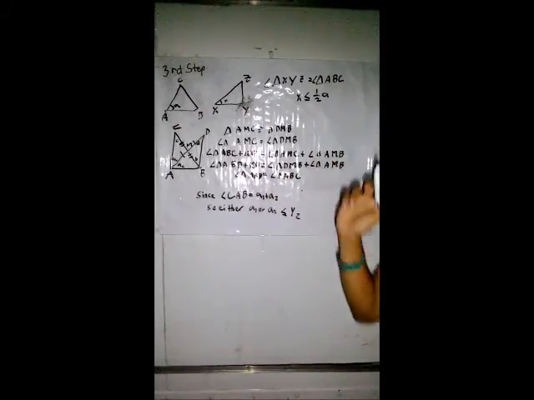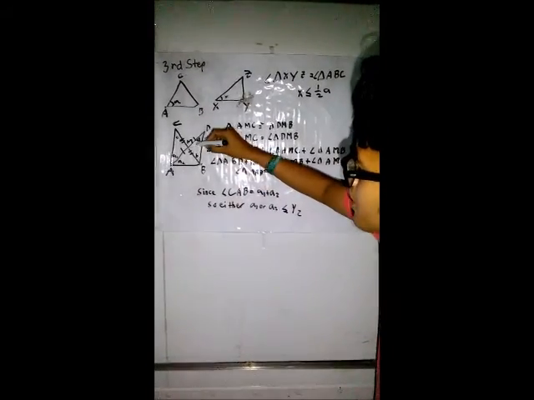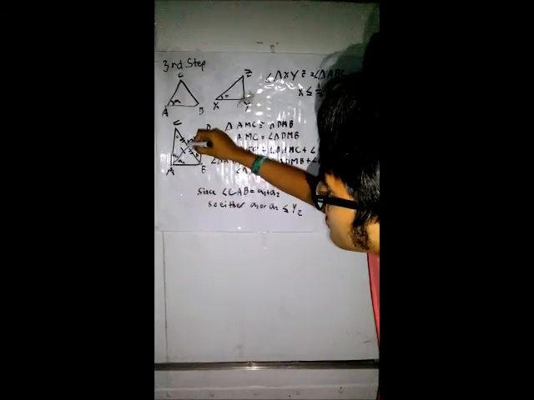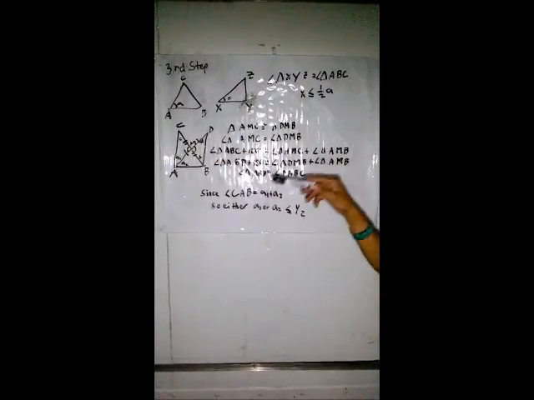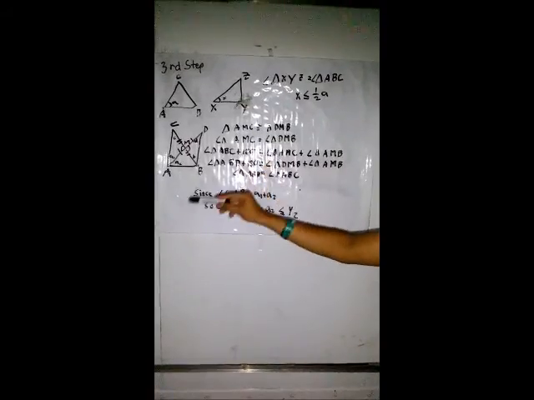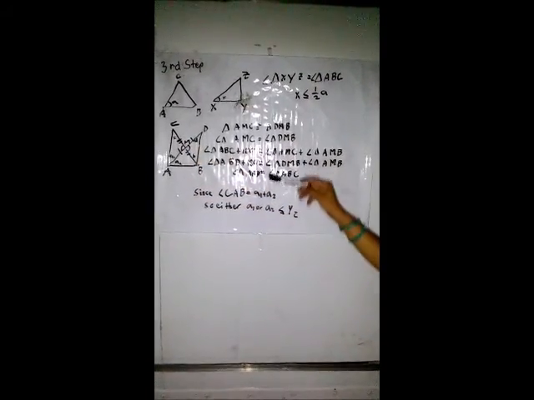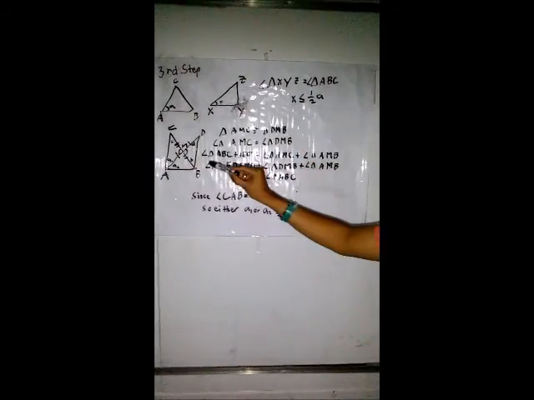And with Euclid's vertical angles theorem, we can say these angles are also equal. So we can say that triangle AMC and triangle DMB are congruent through the side-angle-side theorem of Euclid.